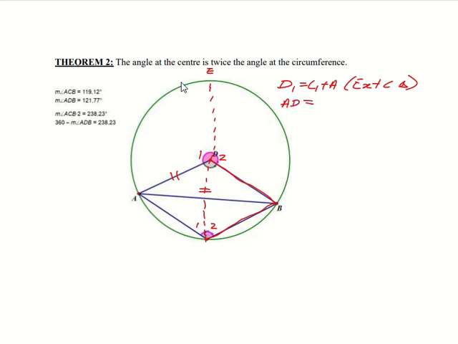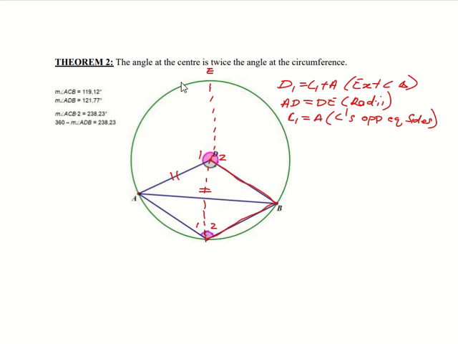Then it means that C1 is equal to A because they are angles opposite equal sides.